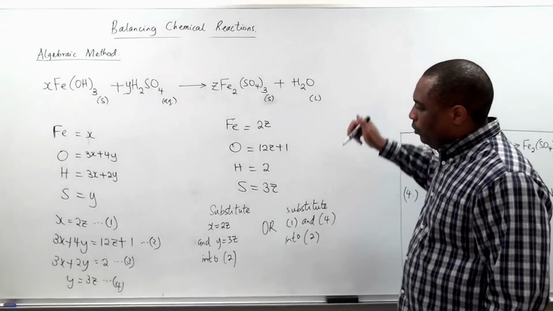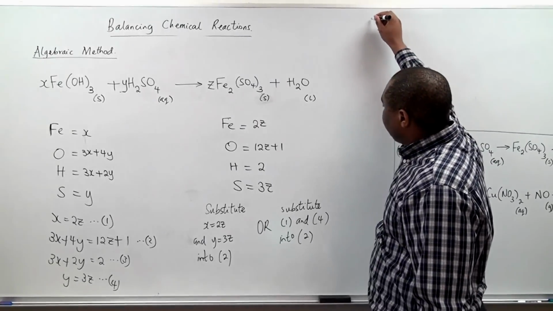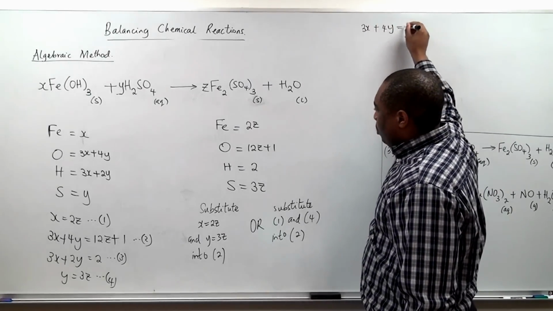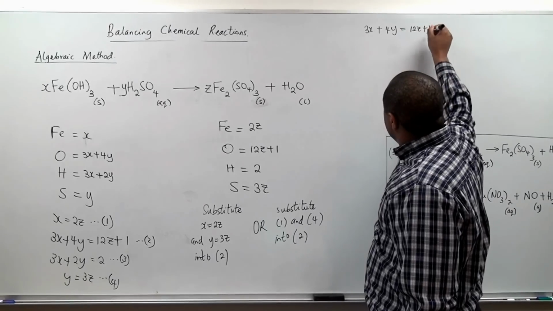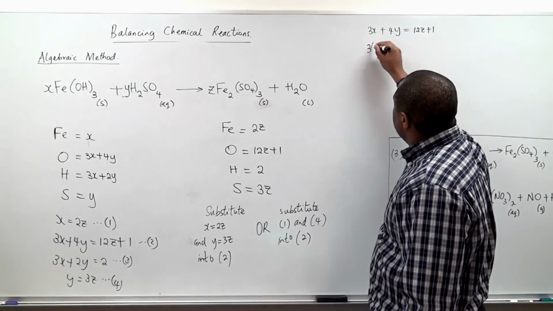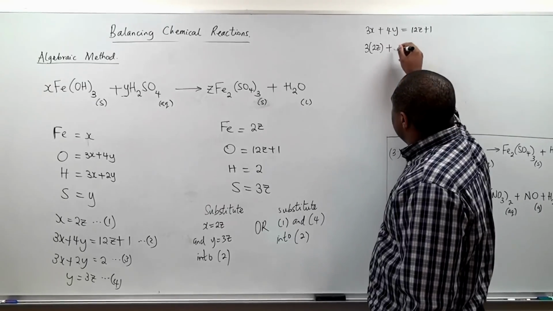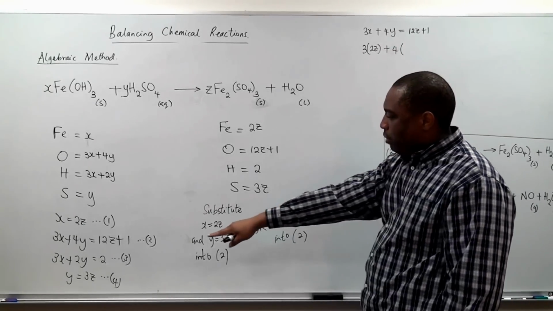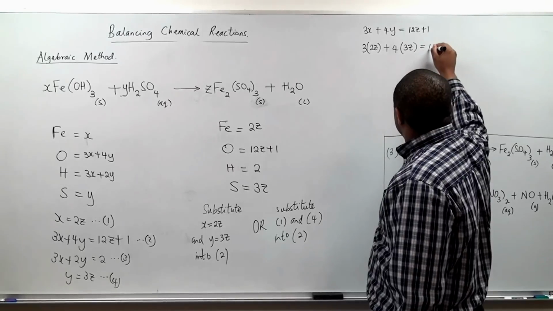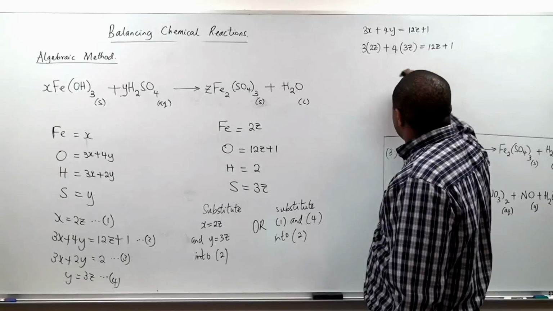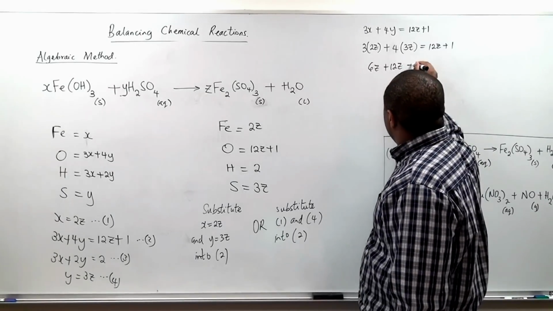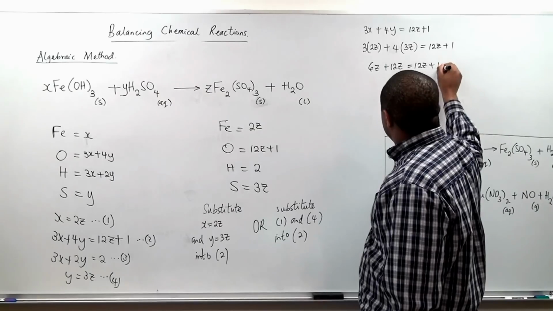So if we do that, of course, our equation 2, we have that 3x plus 4y equal to 12z plus 1. But our x is 2z. So this is 3 times 2z plus 4 times, our y is 3z, equal to 12z plus 1. So this is 6z plus 12z equal to 12z plus 1.